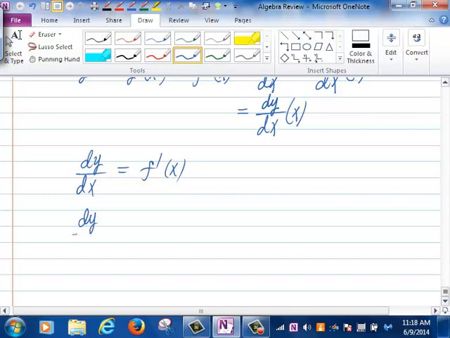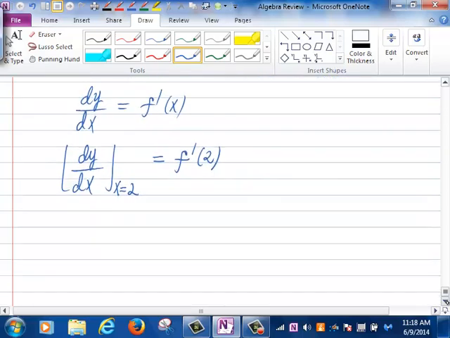Sometimes people would write dy dx and then use brackets like this and write x equals 2, to mean that they are taking the derivative of f at 2. So sometimes people write that to mean that you're evaluating the derivative at 2. Is that okay? All right. Any questions so far?